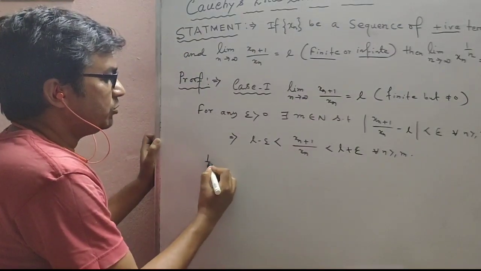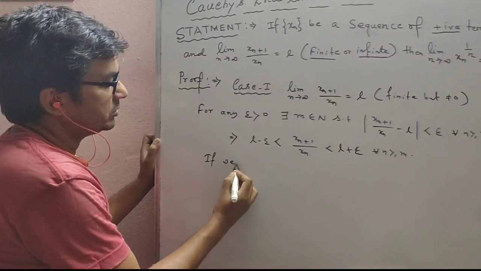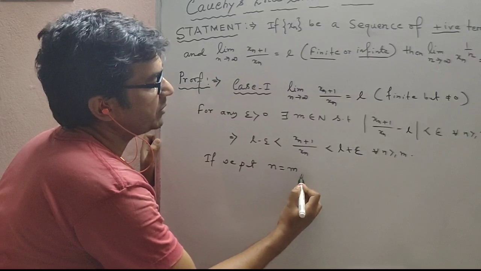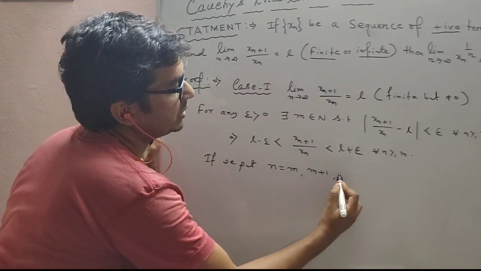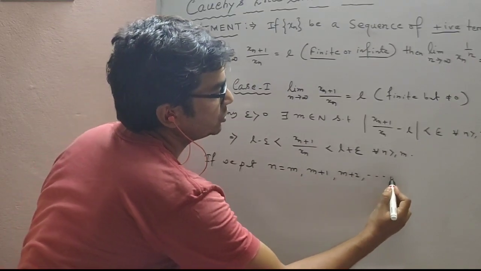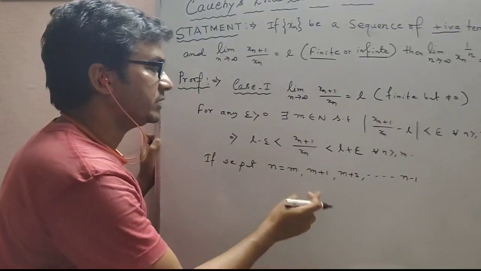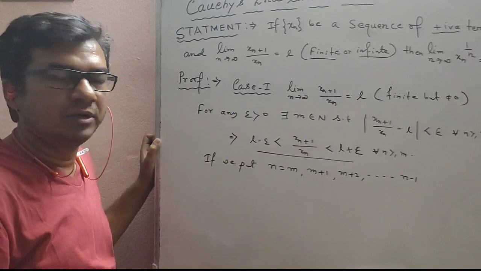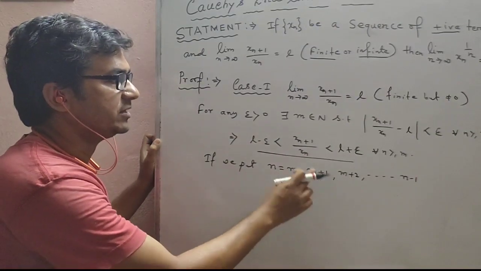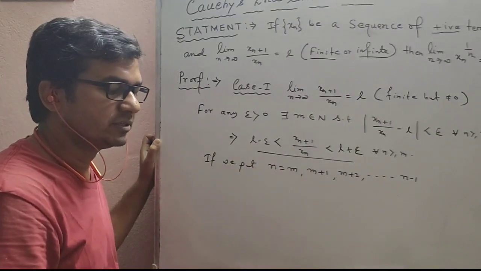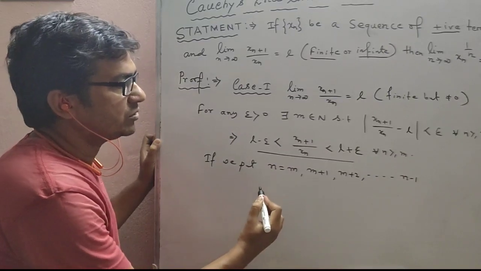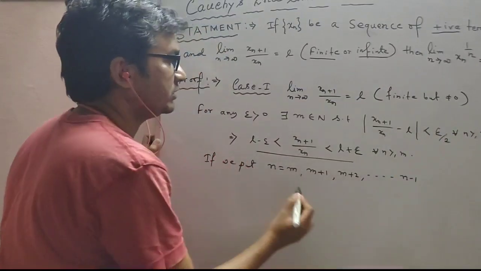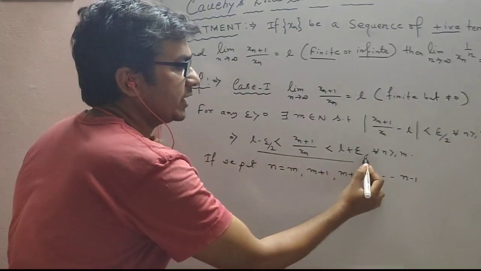So if we put n equal to m plus 1, m plus 2, up to n minus 1, then the above relation is satisfied. Now putting these values of n in this relation, we take epsilon by 2.